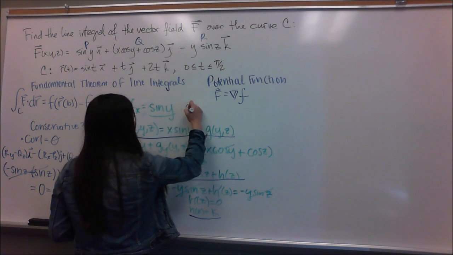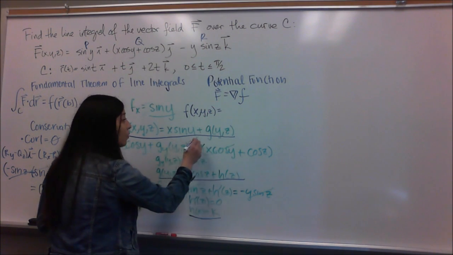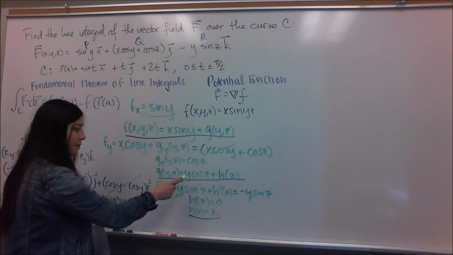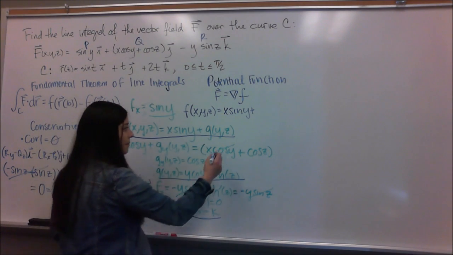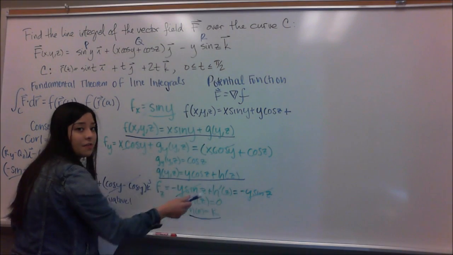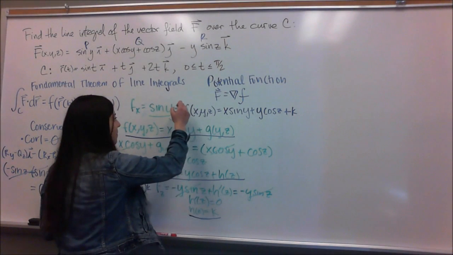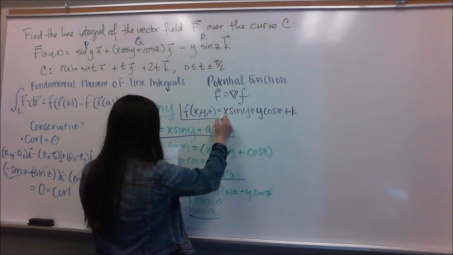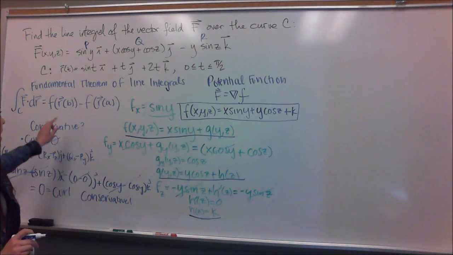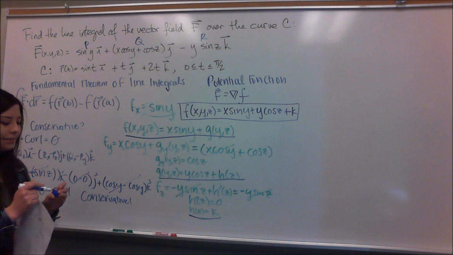So, our potential function will equal x sine y plus g of y of z, which is y cosine z, plus h of z, which is just a constant. So, we have our potential function. So we know the potential function that goes in our fundamental theorem of line integrals.